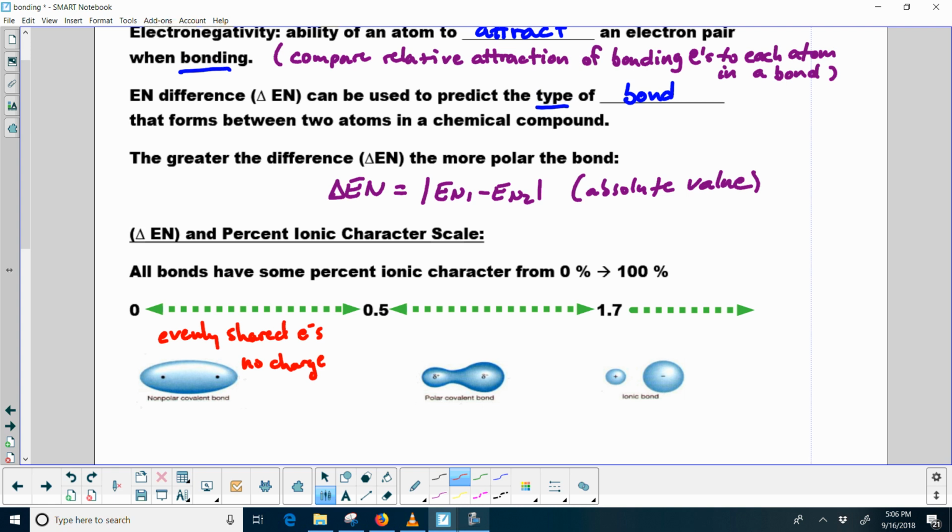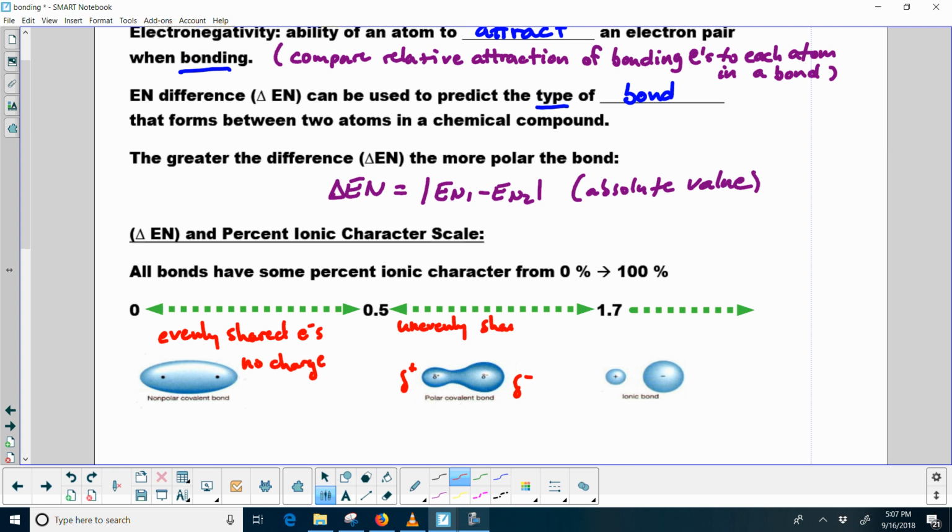It's very tiny. Now, when the electronegativity difference is bigger than 0.5, we have a buildup of charge. So we do have these partial charges at each end. So here I'd have a partial positive. This would be a partial negative. So there's a little bit of a charge buildup. So the bonding electrons are unevenly shared.